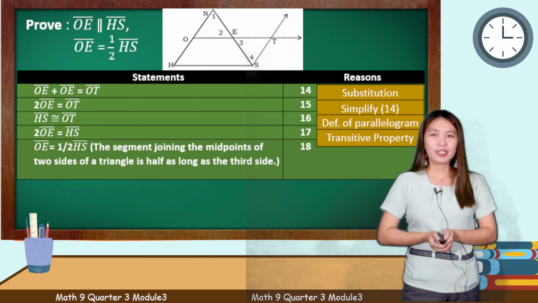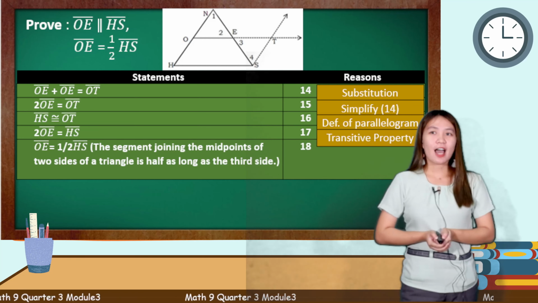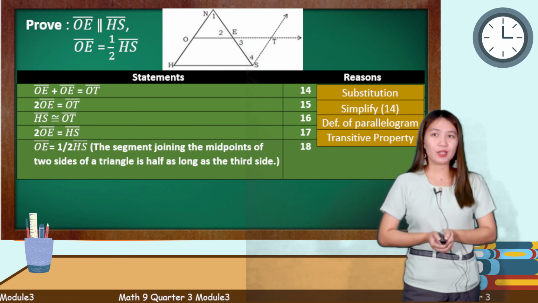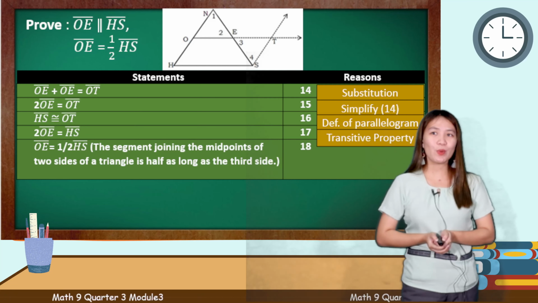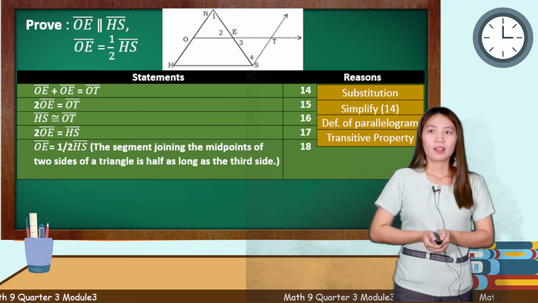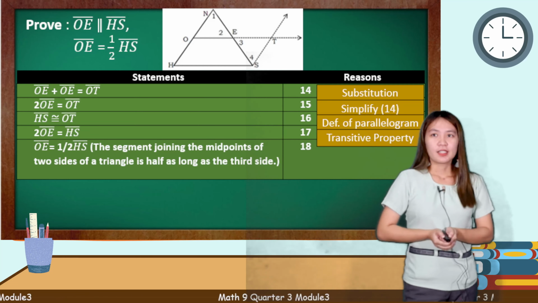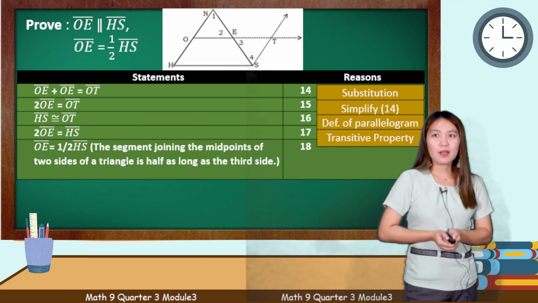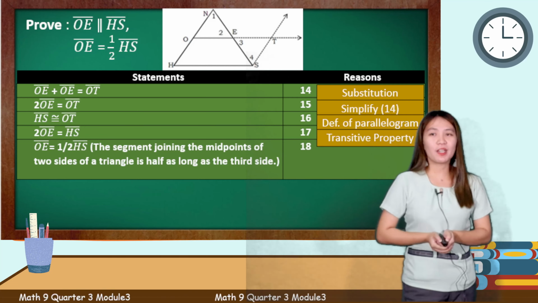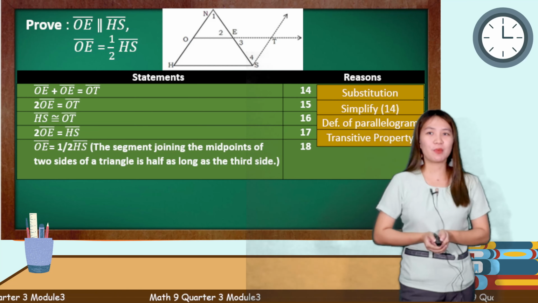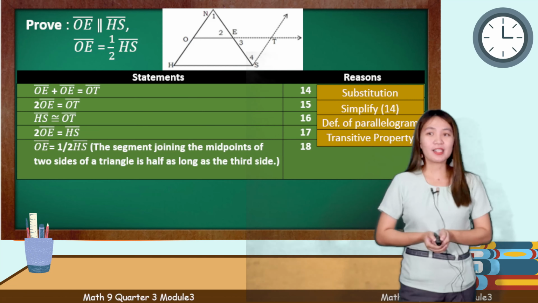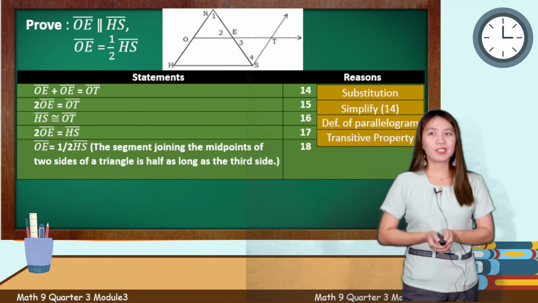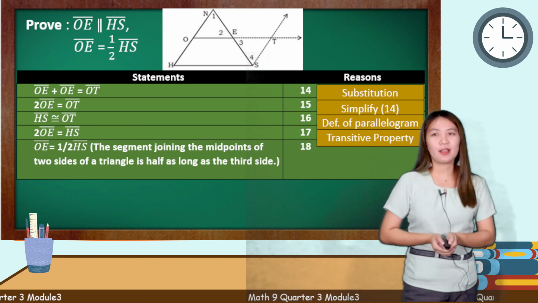And for statement 16, segment HS is congruent to segment OT. So if we will substitute segment OT by twice the segment OE, then we will have statement number 17, which says that twice the measure of segment OE is equal to segment HS.